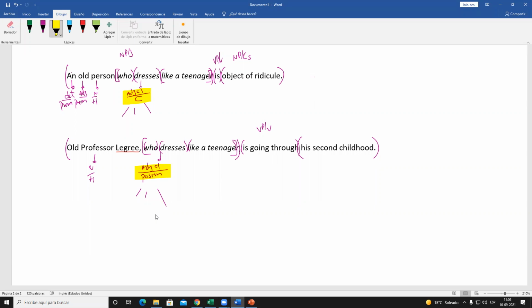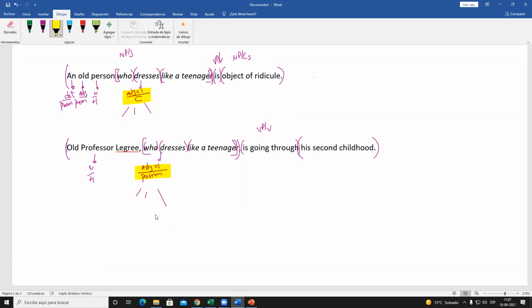No me queda tan claro por qué es restrictive y unrestrictive. Ya, es obligatorio o restrictive en la primera debido a que si la borro, no comprendo la misma información. Ejemplo, an old person who dresses like a teenager is object of ridicule. Ahí está completa.